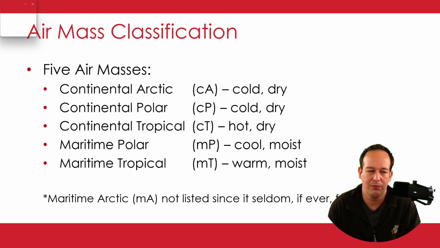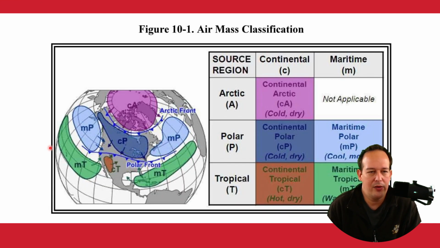Now, it is possible to have maritime Arctic, but it's not listed in the five air masses I gave you because it seldom, if ever, forms. Here you can see at the top continental Arctic, so it's cold and dry. Below that, over Canada, we have continental polar, so it's also dry. Both are over dry surfaces, and it's cold.